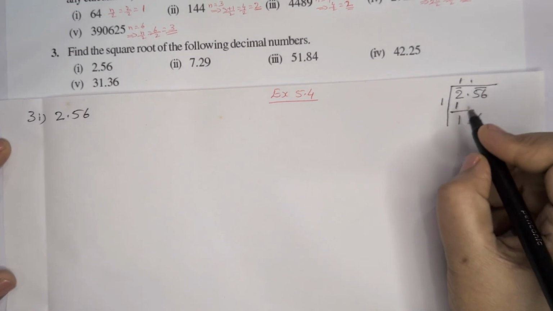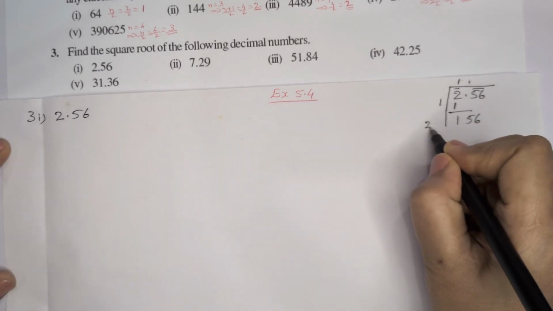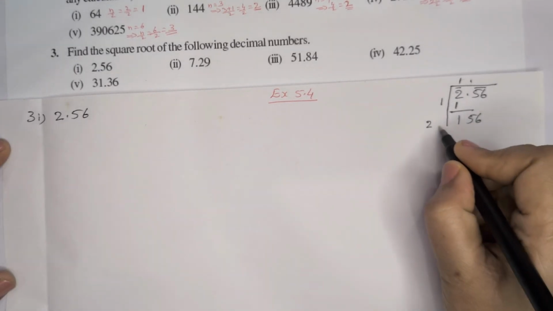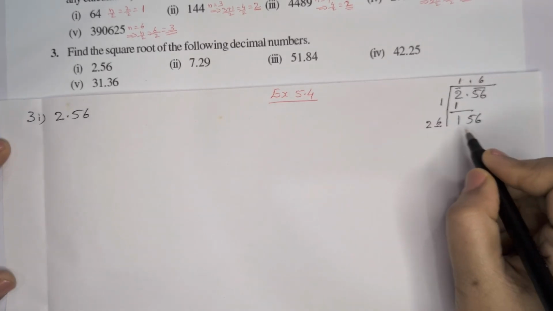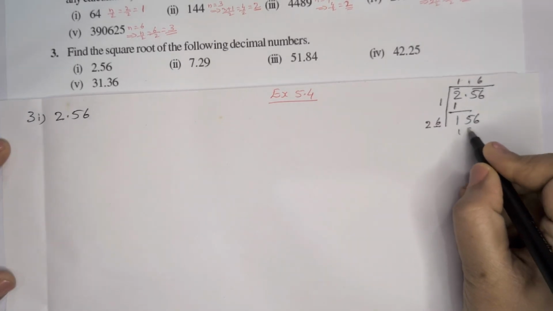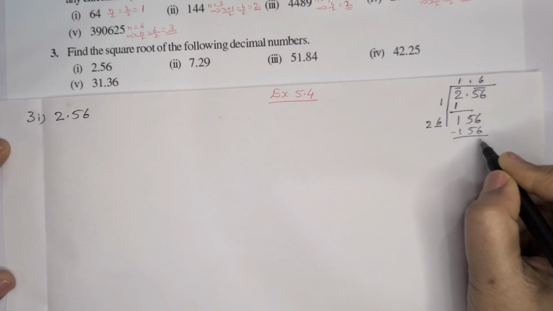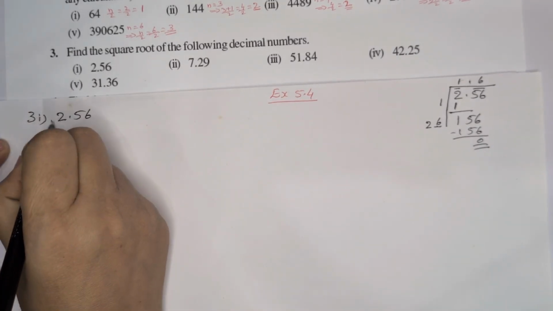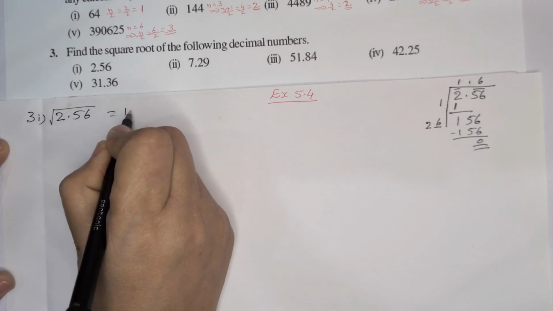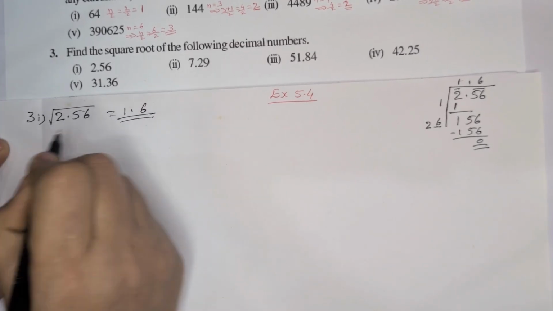Now 156, and then double of that 1, that is 2. Here the digit is 6. If you put 6 here, 26 into 6 will come 156, and minusing, 0. So the answer is root of 2.56 is equal to 1.6.